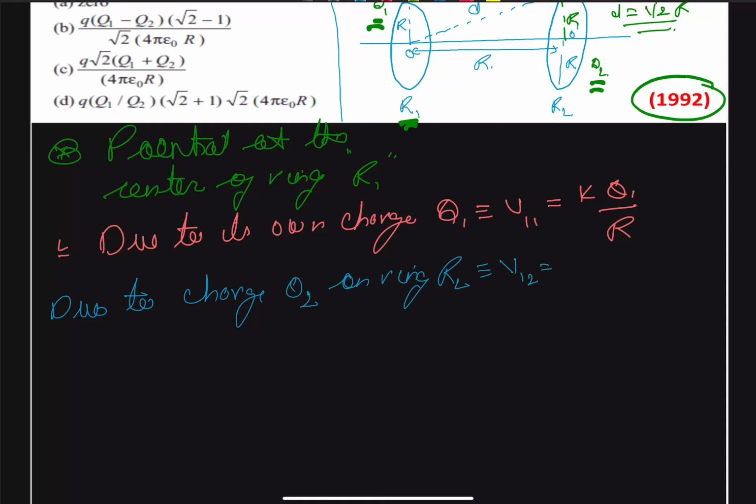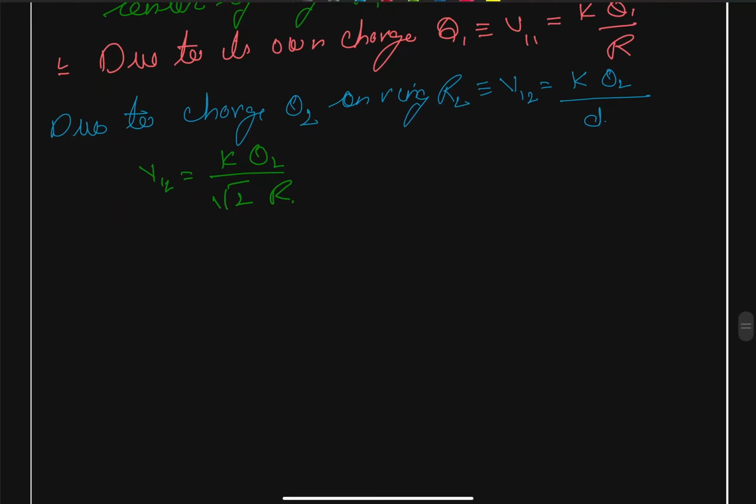So V12 will be equal to K charge Q2 and the distance between the two, and the distance between the two is our D. Okay, and D we just calculated, so we can say our V12 is equal to K Q2, and we just found our D is square root of 2 multiplied by R. Therefore, total potential at the center of ring R1.